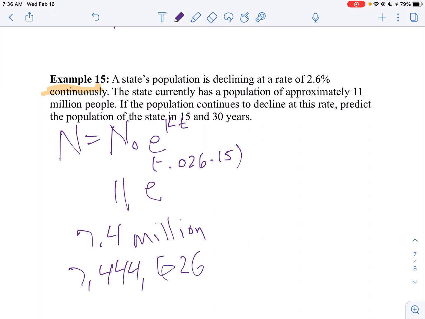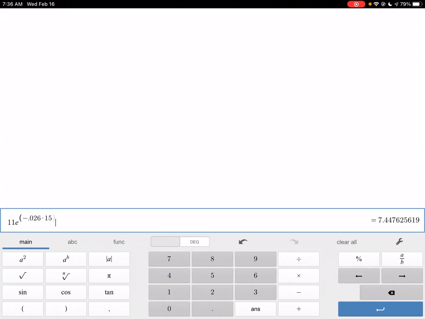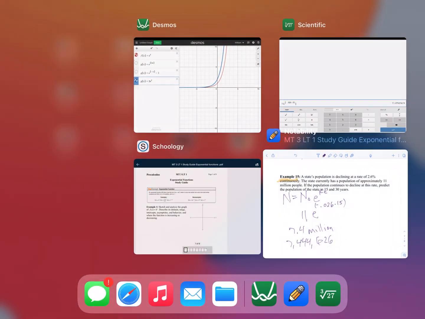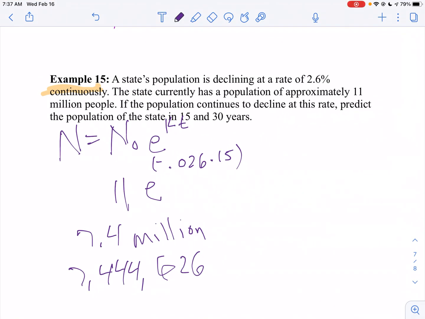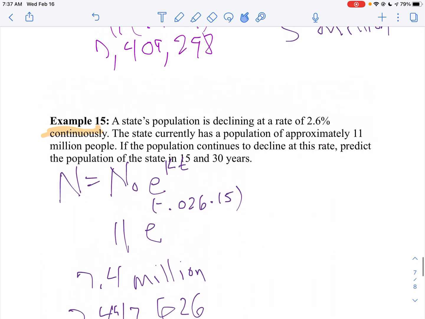My brain is slow, so I'm going to double check. 7,447,626. Now compare that to just the growth. And we have a few more people, don't we?